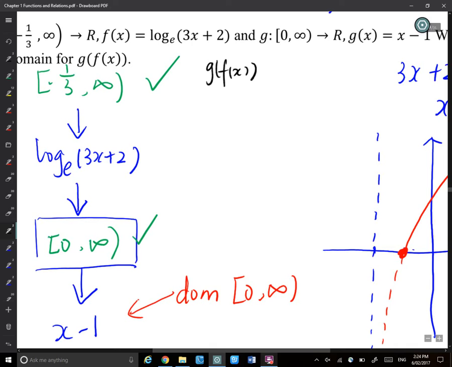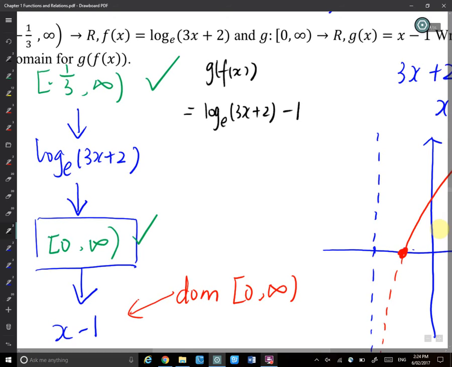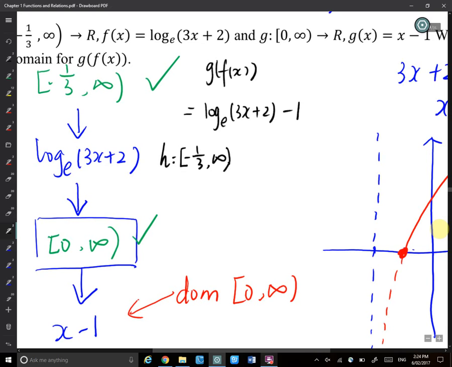Put f(x) into g(x), so instead of x, I write log e of 3x plus 2 and subtract the 1. If I write that in function notation, h is -1/3 to infinity mapping to R, h(x) equals log e (3x plus 2) minus 1.